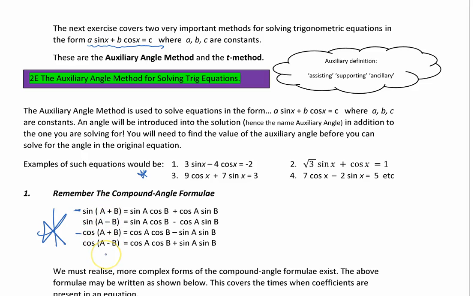So in some ways you've got these. You don't have to learn them. You have them. What you do have to know is how to make reference to them, because this auxiliary method depends totally on you being familiar with this situation.